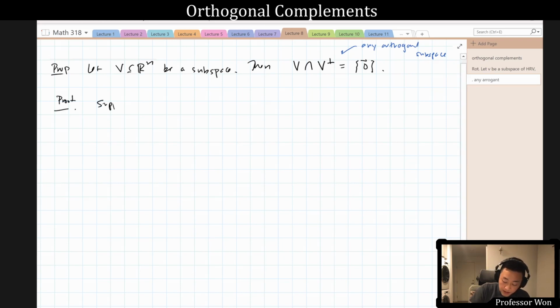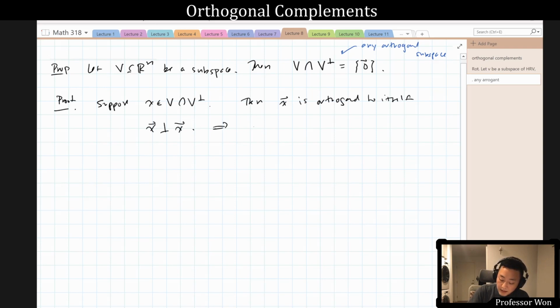Suppose that x is in both V and V perp. If x is in V intersect V perp, that means that x is orthogonal to itself, because it's in both V and V perp. In other words, x is orthogonal to x.